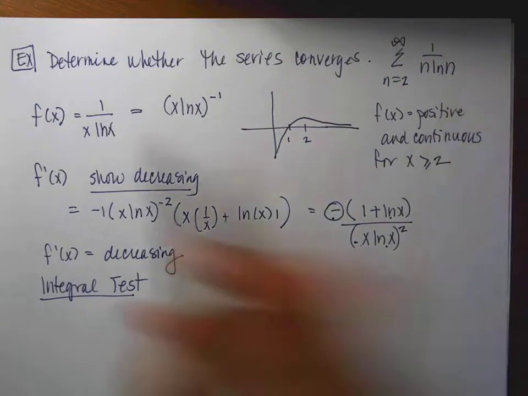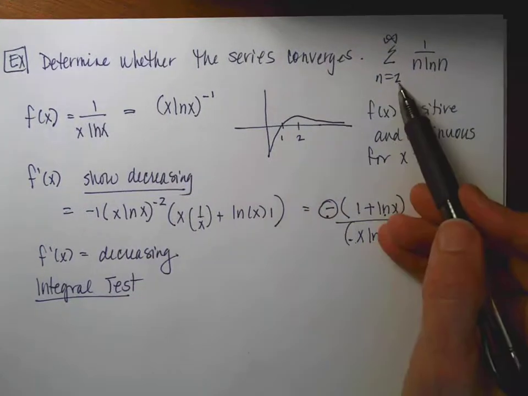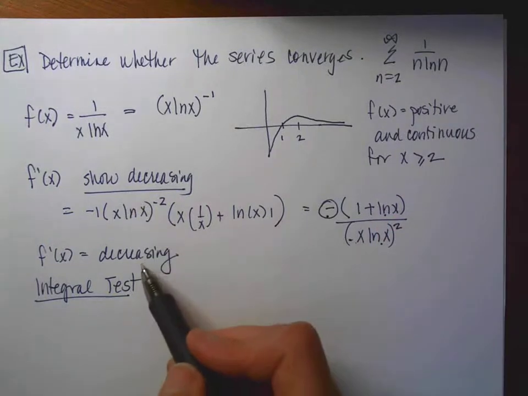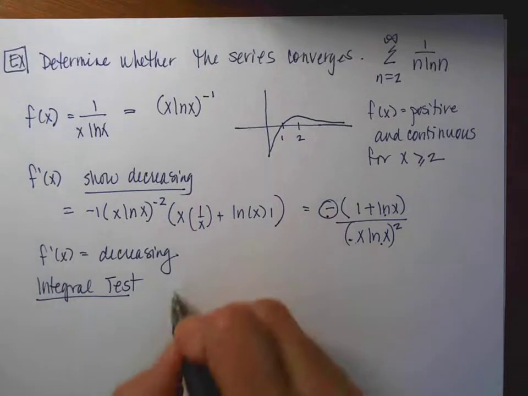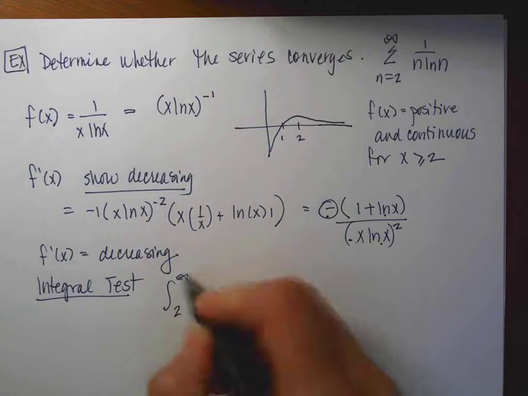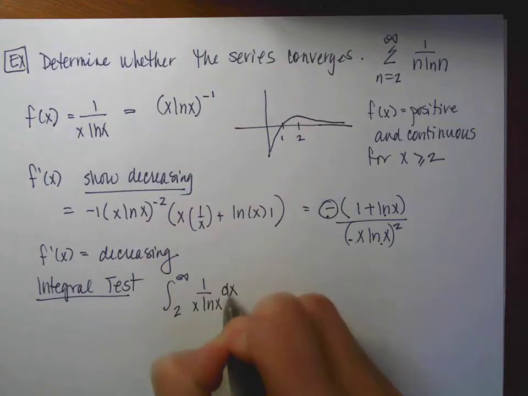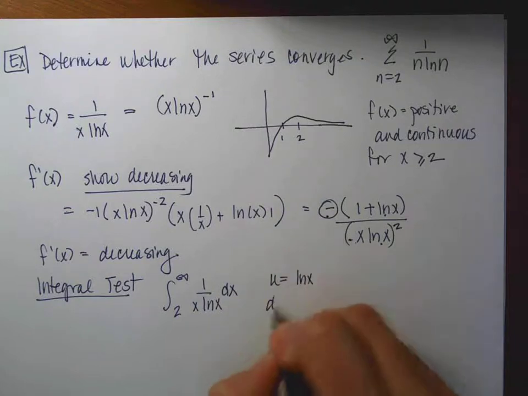And my 3 criteria were to show that it's positive, to show that it's continuous because there's nothing down here that's going to make it undefined, for x is greater than or equal to 2, right? And then we found out that the function is actually decreasing. So the integral test says I'm going to do the integral from 2 to infinity of 1 over x natural log x dx.